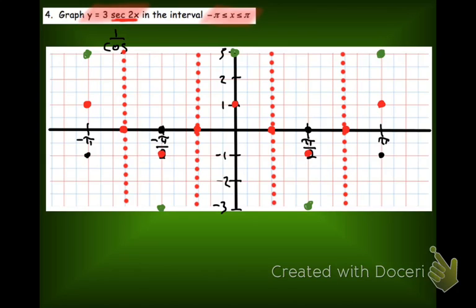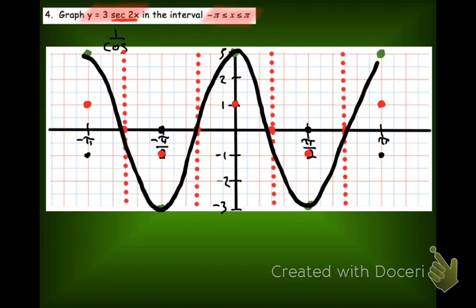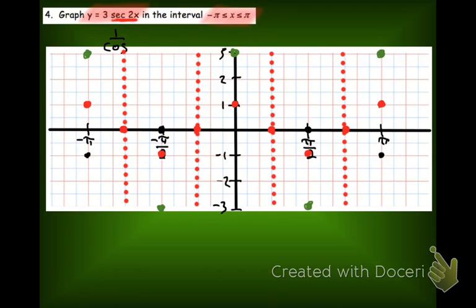And now, like I just said, this is going to actually turn out kind of poorly because we're already off the graph. Because normally our cosine graph would curve like this, but that's not where we want to go. We want to be the broken piece of that because we're graphing secant. So these curves would actually curve up here, and you might have room on your graph to do this.